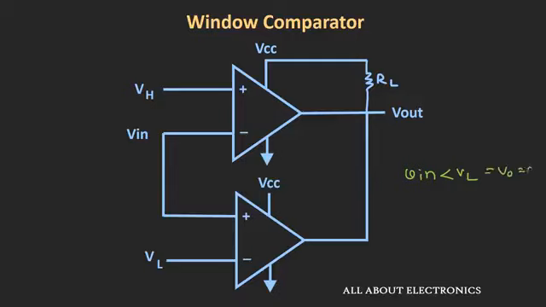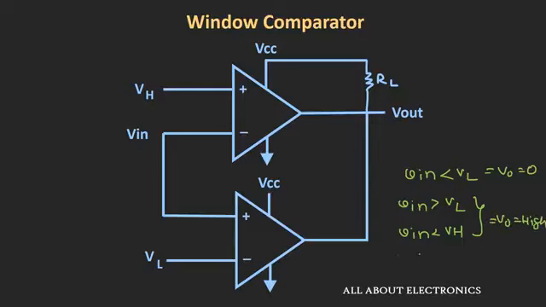While let us take the second case where your input is greater than this lower threshold voltage but it is less than this upper threshold voltage. In this case, if you observe, both the comparator outputs will be high and your overall output will be equal to high.